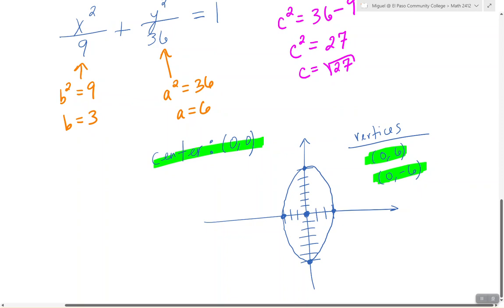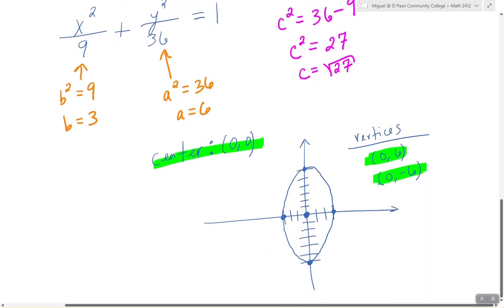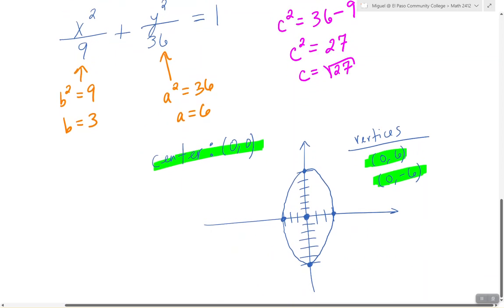We did find C, even though we didn't need to. What would that have been used for if they had asked us to find also what? What else was there? Center, vertices, and what's in between here? The two foci. So C actually tells you how far to go away from the center to find the two foci.